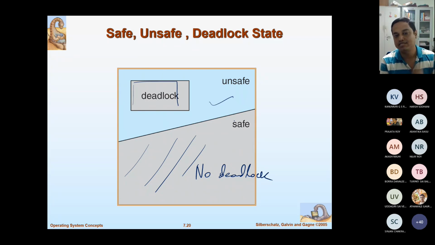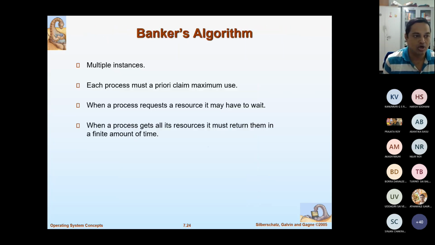Because in an unsafe state, the possibility is that there won't be a deadlock, but there is a little bit of chance of deadlock. So with this idea, an algorithm is designed. This algorithm is called Banker's algorithm. Once we go through the algorithm, we will come back to this, and then your idea will be more clear.